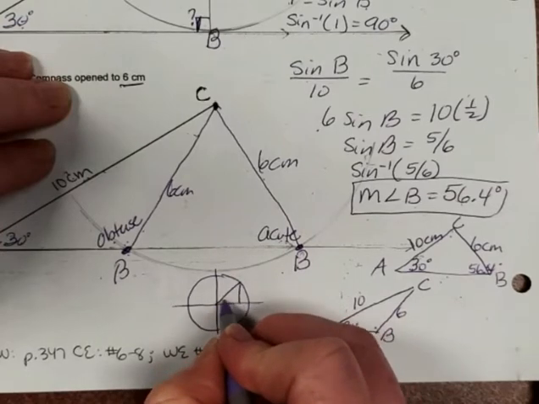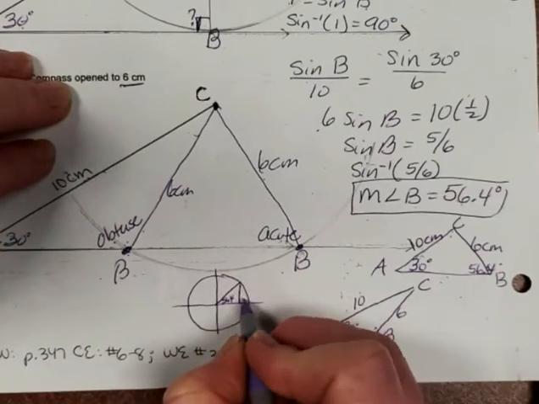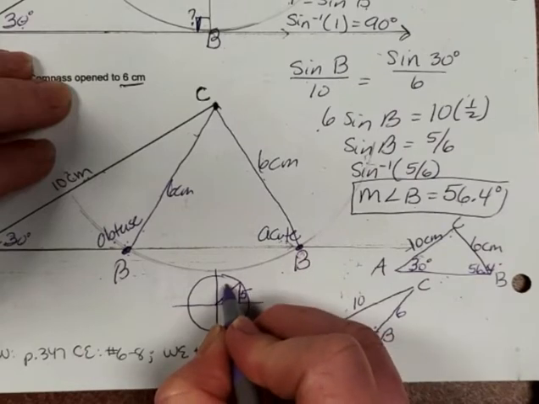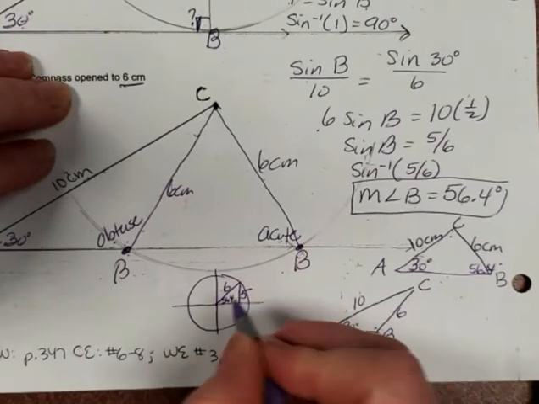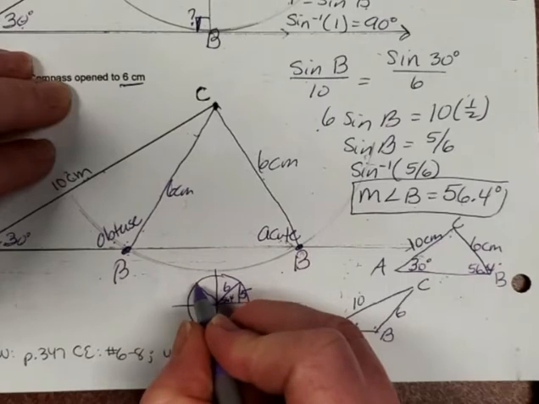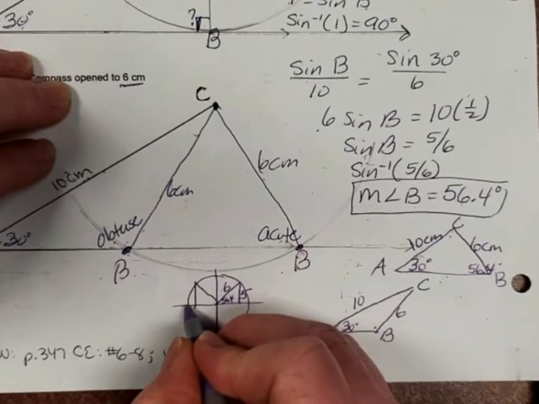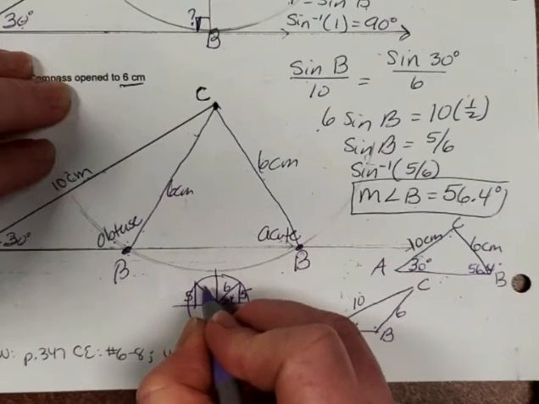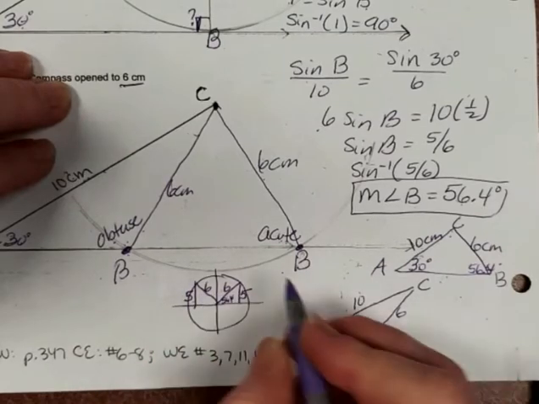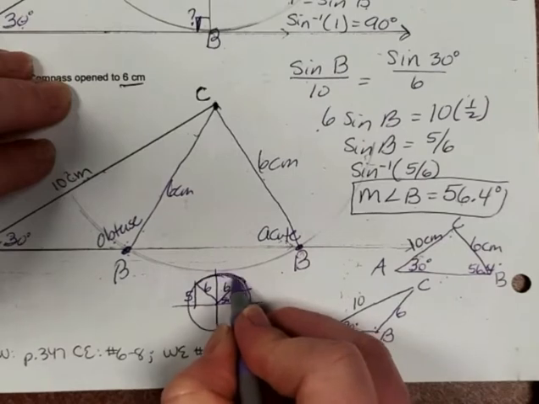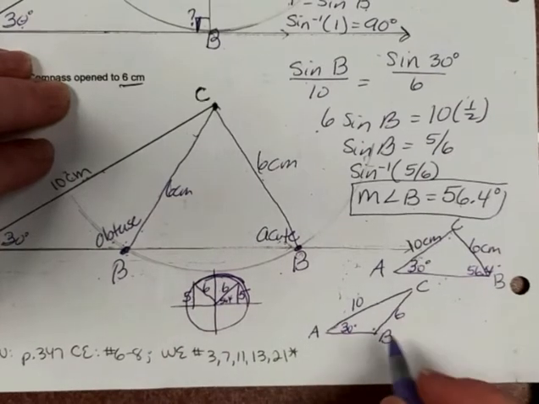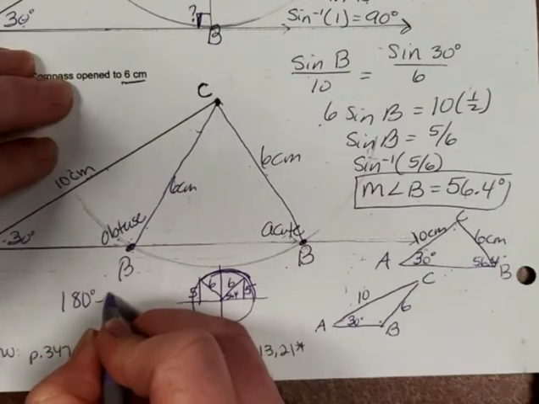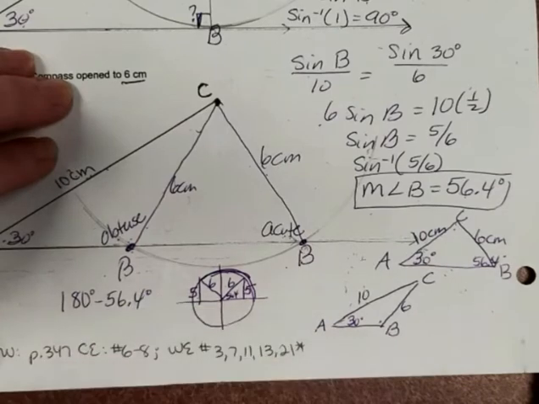One angle measure is 56.4. The sine is y over r, so 5/6. But there's also another angle measure here between 90 and 180 that also has a sine of y over r is 5/6. And to get this angle measure that goes from here to here, I just do 180 degrees minus 56.4 degrees.